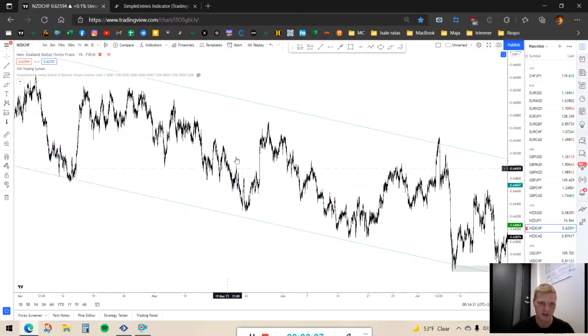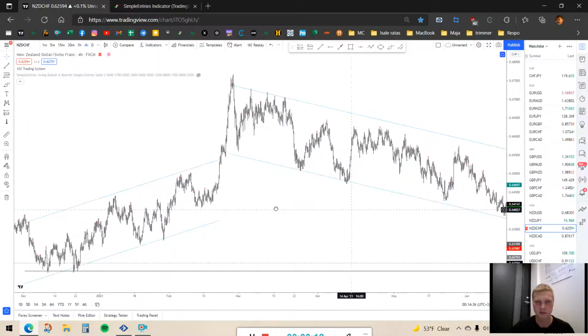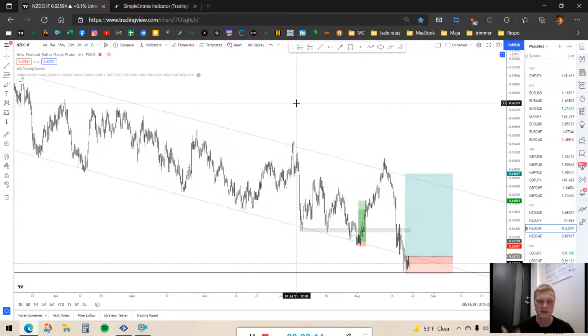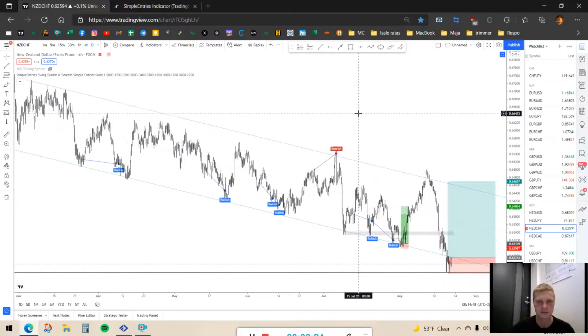But still, I wanted to test out the Simple Entries indicator because, first of all, it's cheaper, and second of all, it gives far fewer signals, which is something I was looking for, because signals are pretty much what my strategy is.